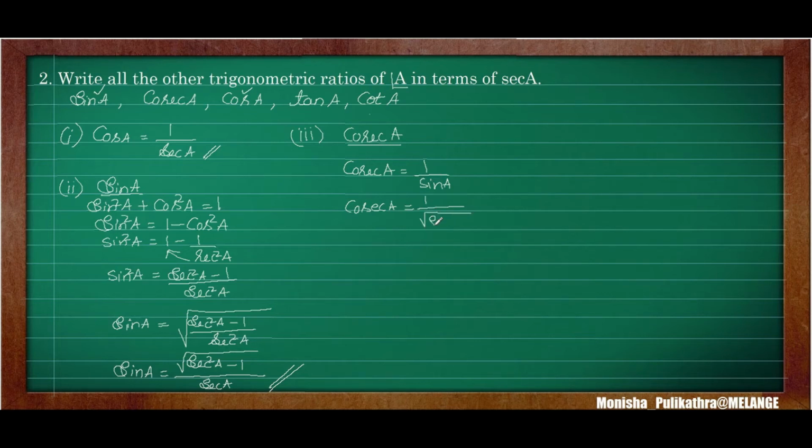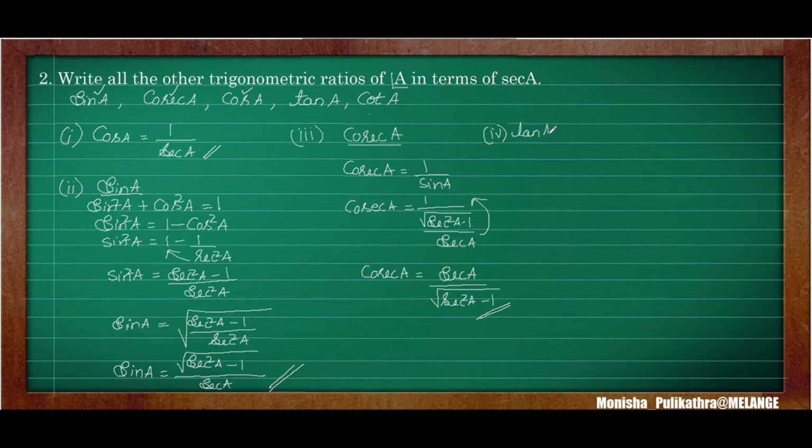So when we take the reciprocal of it, cosecant A is equal to secant A by square root of secant square A minus 1. So this is the formula for cosecant A in terms of secant A.